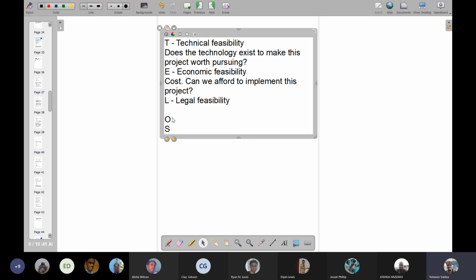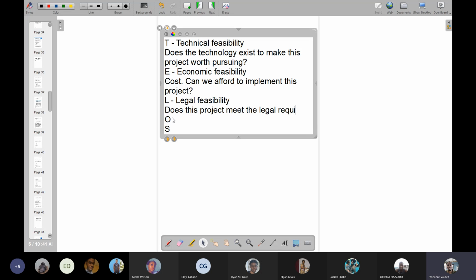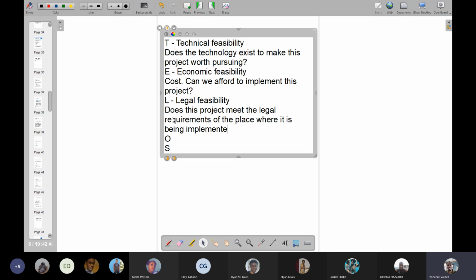So the legal feasibility asks, is this project, or let me see, does this project meet the legal requirements of the place where it is being implemented?